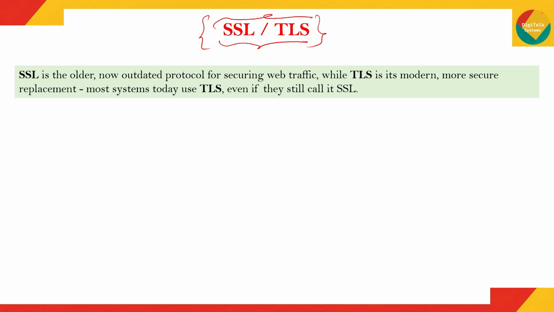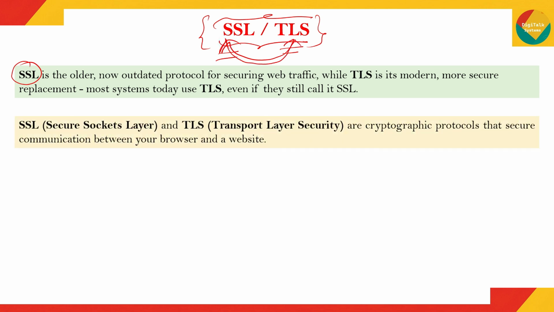So that means SSL and TLS both are the same. Both are protocols that are used for securing the communication over the public network or over the internet. SSL is the older version of TLS, and now SSL is referred to as TLS.